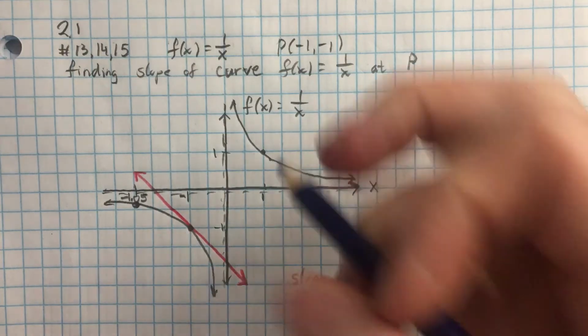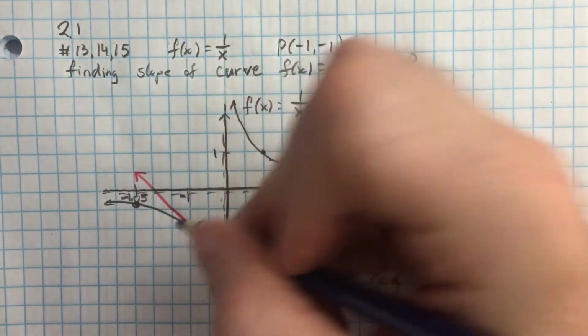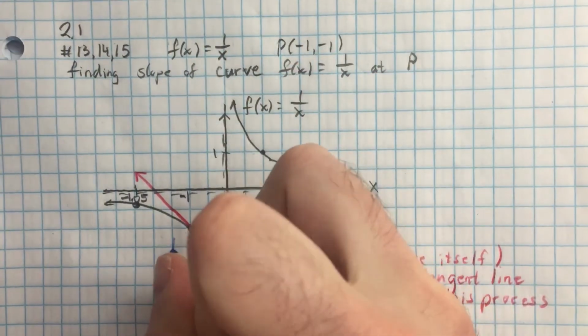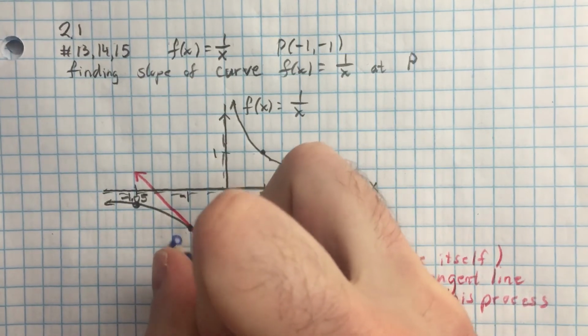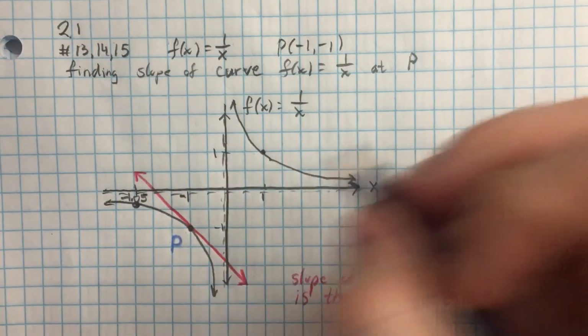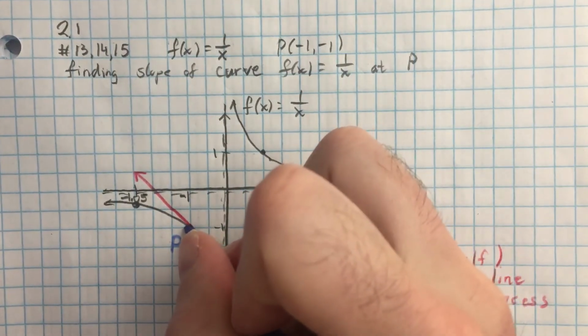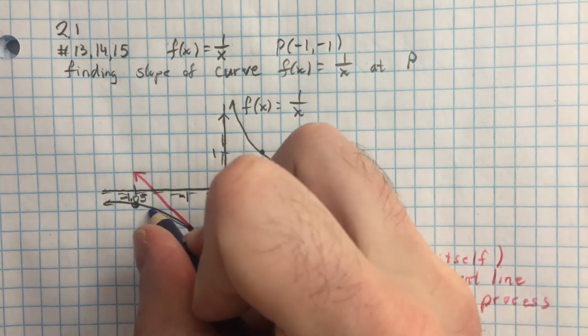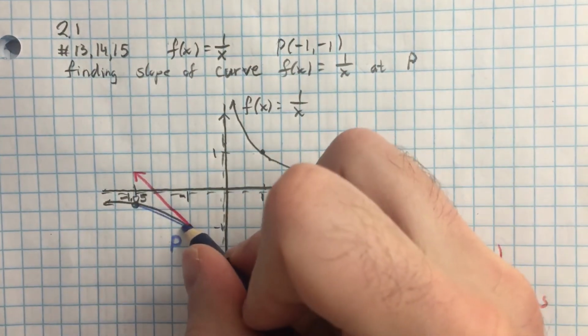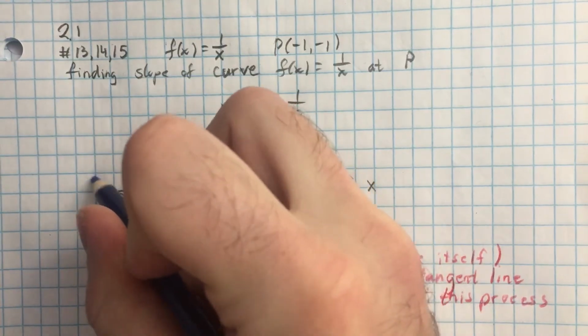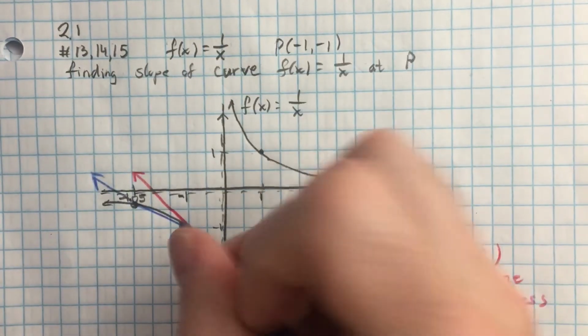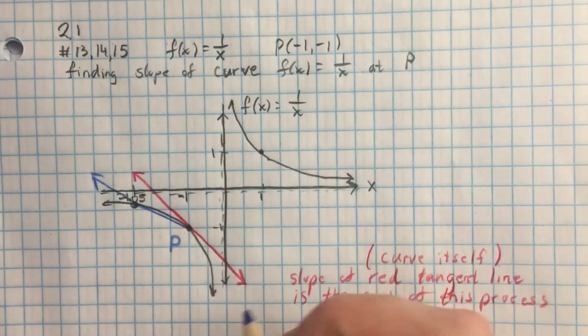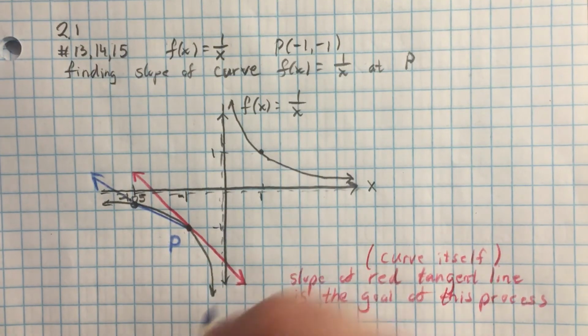And we would have then a secant drawn between the point P under discussion here, right? P is (-1, -1), and this other location further away. I'm just going to leave it there. I don't want to draw through to the other side because it's going to look too messy in a moment.